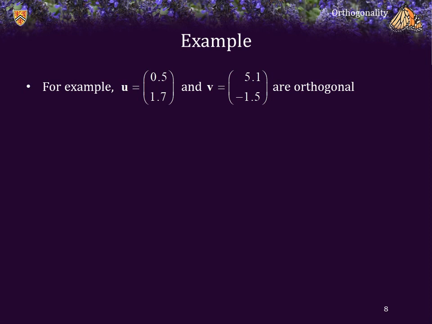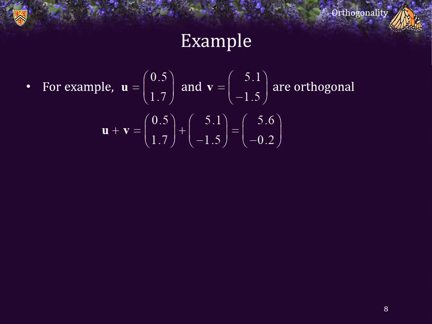As you can see, the inner product is 0 because 0.5 times 5.1 is 2.55, and 1.7 times 1.5, which is 0.85 plus half of itself, is also 2.55, only it is now negated because of the minus sign in front of the 1.5. So therefore, the sum of the product of the first two entries plus the product of the second two entries is indeed 0.